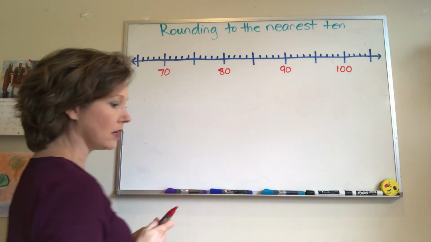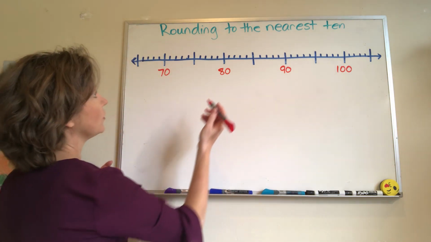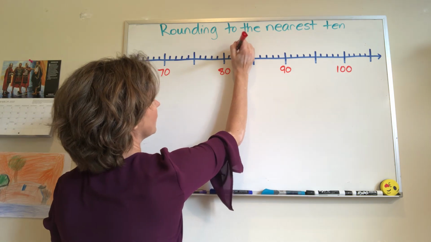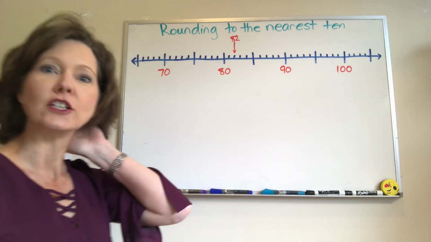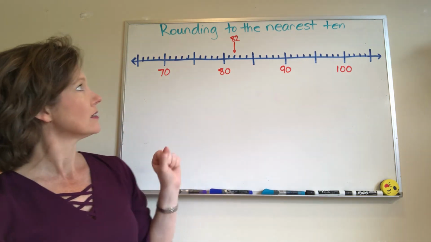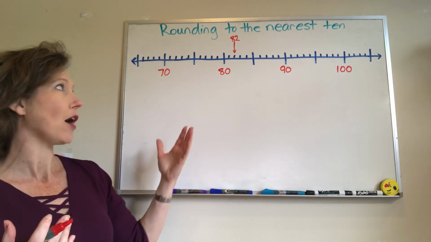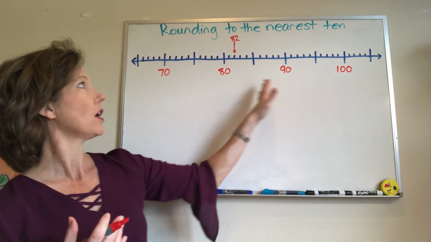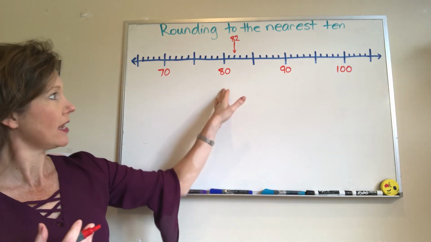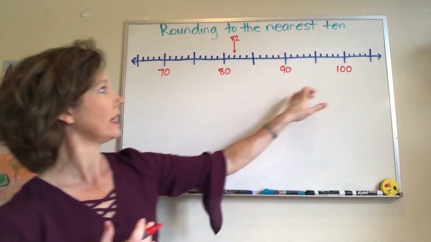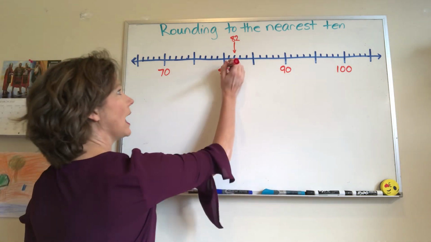All right, so I'm going to give you a number, 82, like in your book. If you were to look at 82, you could use this line to tell me that 82 is closer to, or is about, what number nearest to 10. If you are only looking at the tens places, the 70, 80, 90, 100, 82 is closest, or nearest, to 80.